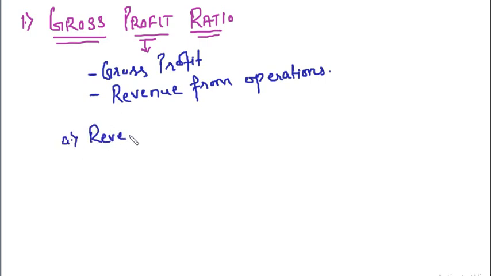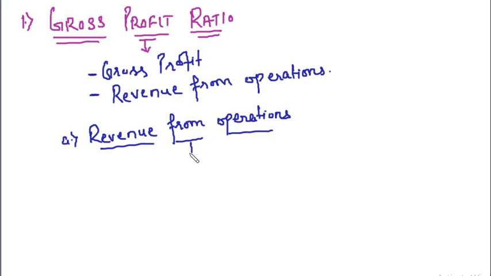Now first we'll take revenue from operations. What is revenue from operations? We have discussed in the earlier ratios also in detail. This is your total sales, whatever you have earned by selling your product, minus sales return.